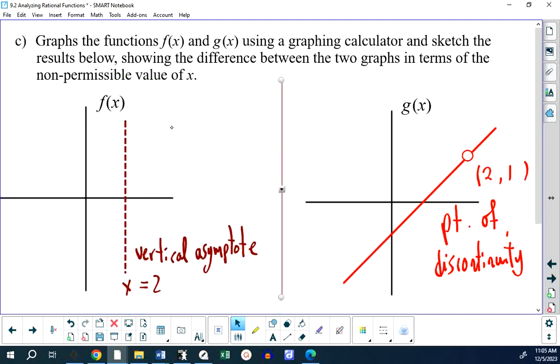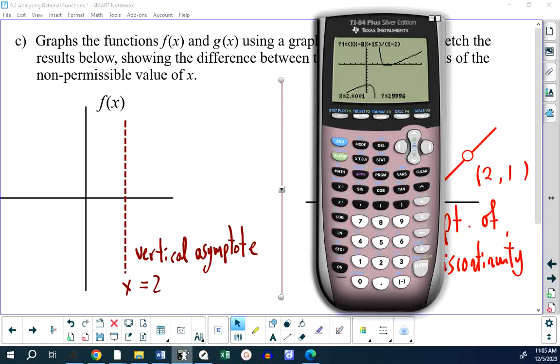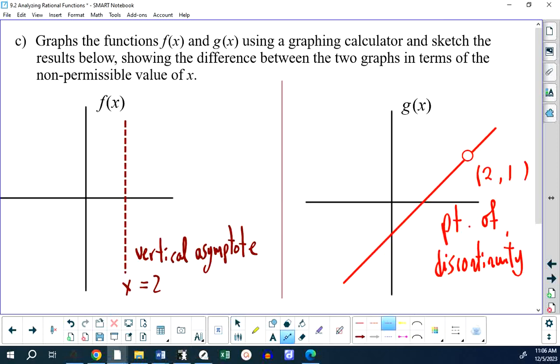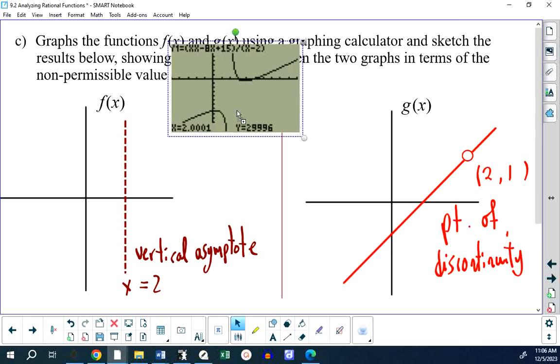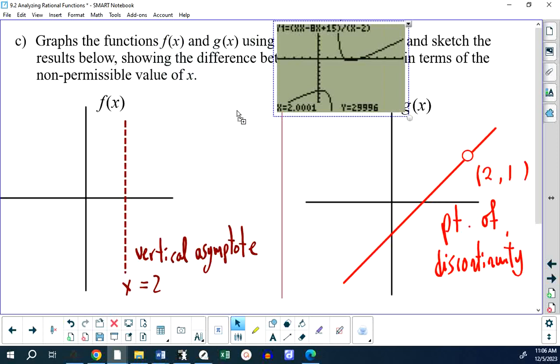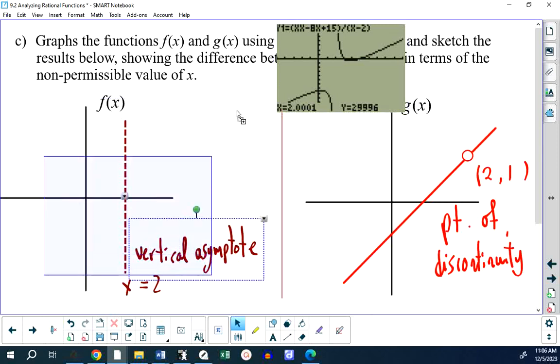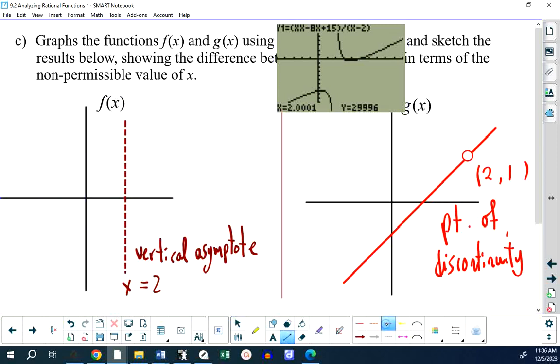I have chosen this example for f of x mainly for my calculus students, the students that are going to take calculus later. And I'm not going to do a perfect job of graphing this. But if you're interested, it turns out that this also has a slant asymptote, about like that.